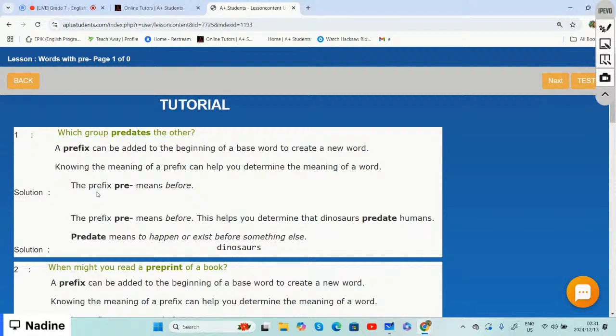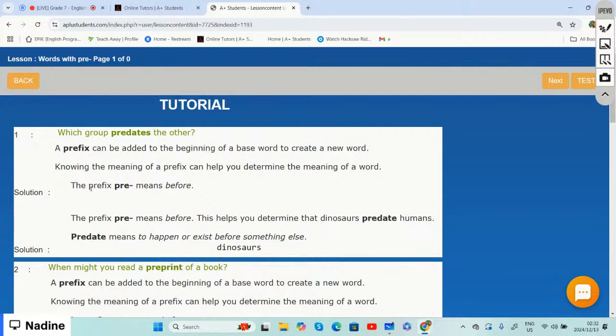And remember we said pre means before. And we said a prefix is added to the beginning of a base word, and once it is added, it creates a new word.